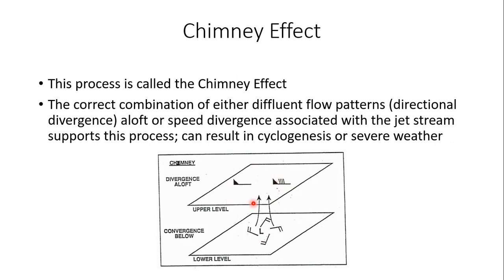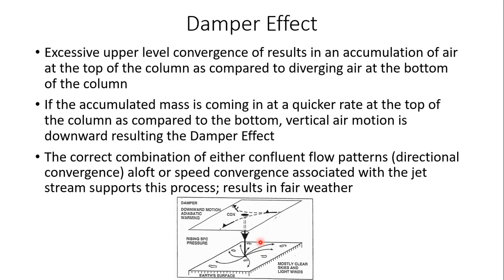In this example, we had speed divergence as a reason why more mass was being removed at the top of the column. If you get accelerated divergence aloft, then you're going to have increased convergence at the surface, and that's going to result in much more vigorous rising vertical air motion, which is going to cause your storm system to intensify at the surface. Then I talked about the opposite effect, the damper effect.